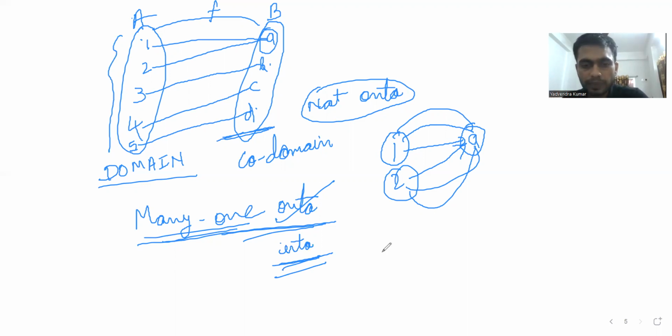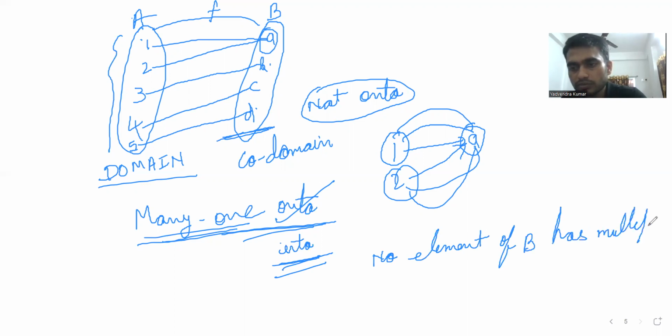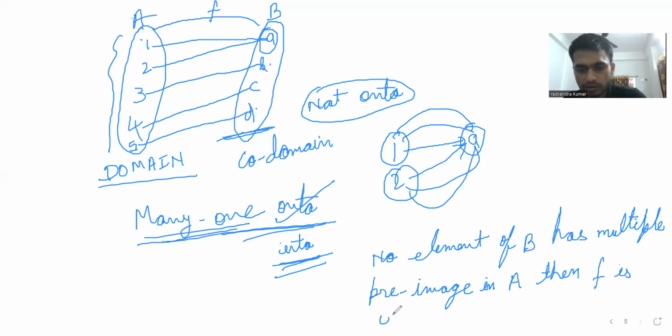Or we can say no element of B has multiple pre-images in A, then F is 1-1.